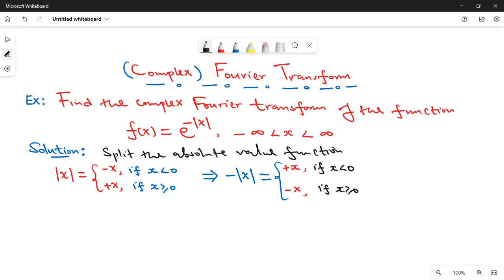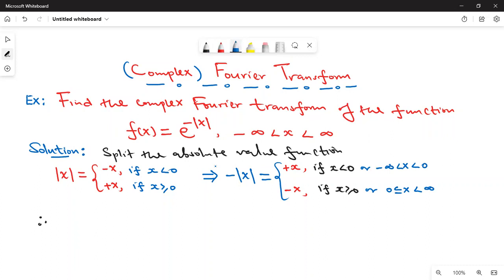So what about the exponential? When we say x less than 0, this interval is the same as negative infinity less than x less than 0. This is the same as 0 less than or equal to x less than positive infinity.